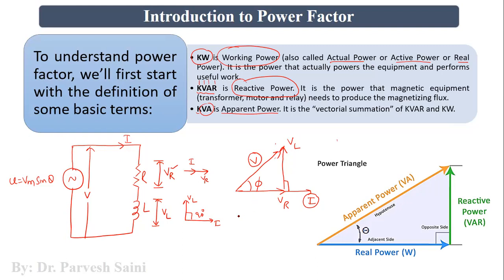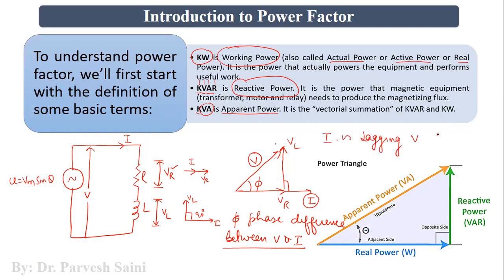So this phi is the phase difference between V and I, right? So here we can see that the current is lagging V by phi, right?